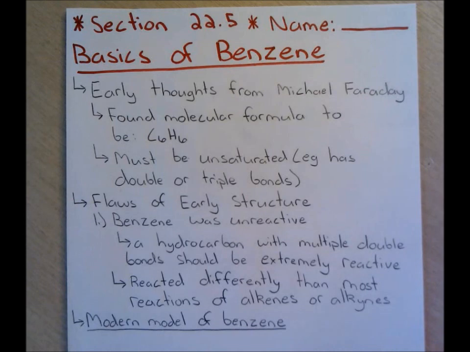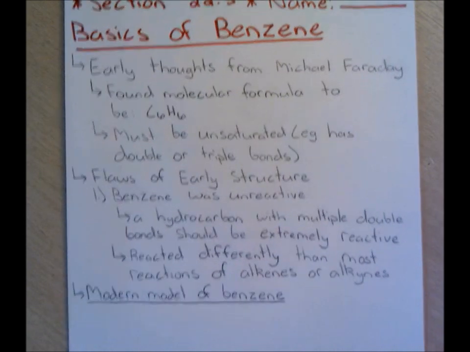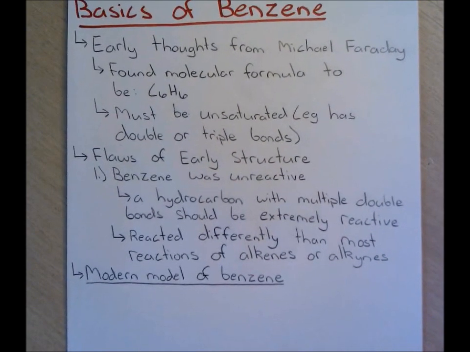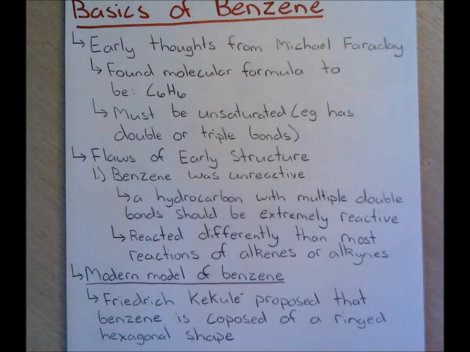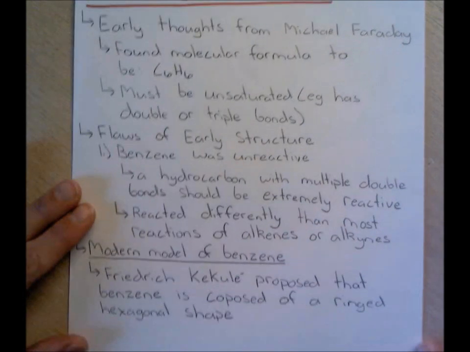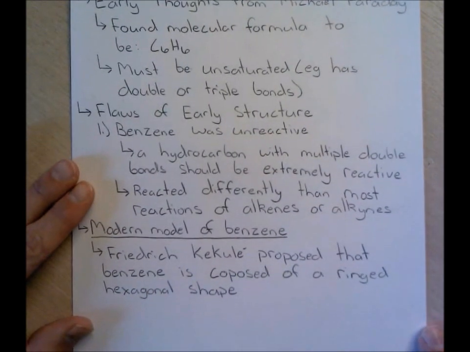So in this modern model of benzene, they proposed that benzene was actually comprised of carbons in a ringed hexagonal shape. So what they proposed was that benzene should look like this.